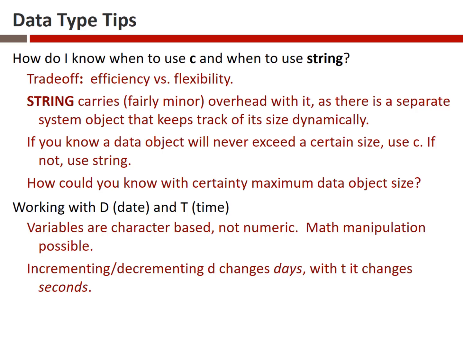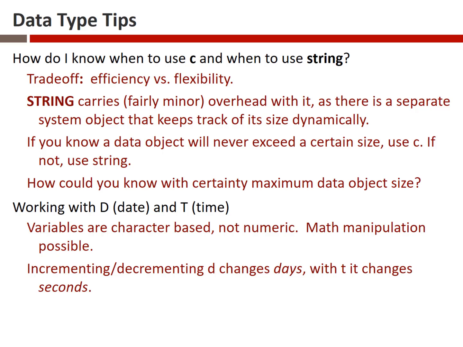If I subtract 7, that means 7 days in the past. So if I want to move forward 1 month, that might mean adding 30 or 31, depending upon what month we're looking at. But I can add or subtract from the D data object, which causes the days to be manipulated. With T, adding and subtracting changes the seconds.